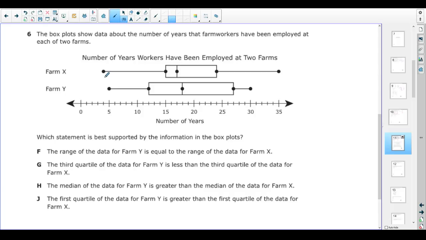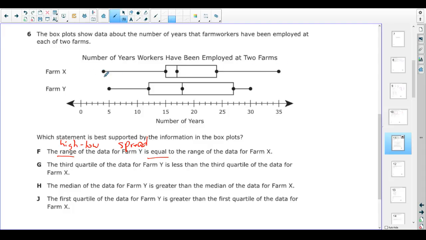Alright, box plot. This is a little tricky because we don't spend too much time on this in 7th grade. You gotta remember some words from 6th grade. The range: high minus the low. Also the spread of the data. So it says they are equal. If they were equal, they should be equally spread out.